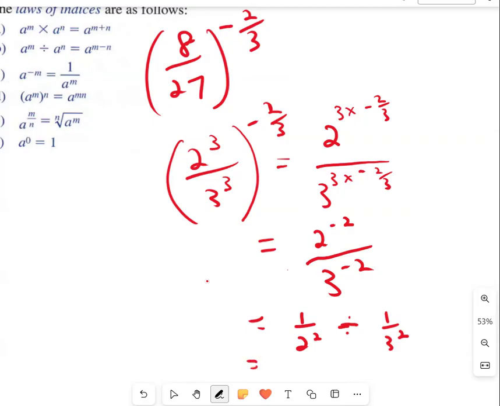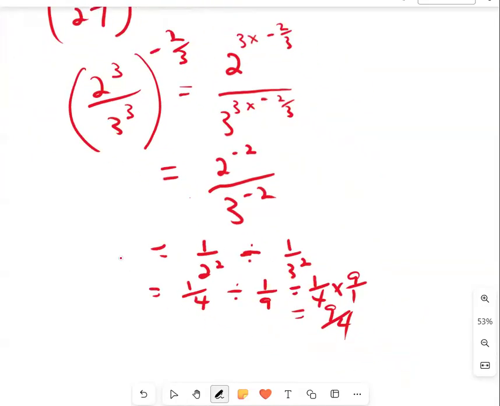So this is 1 over 4 divided by 1 over 9. So you flip this over and you multiply. So it's a quarter multiplied by 9 over 1, which is 9 over 4. Right? And if you can do this up, which is 2 1/4. And it can get very, very complicated, you know.